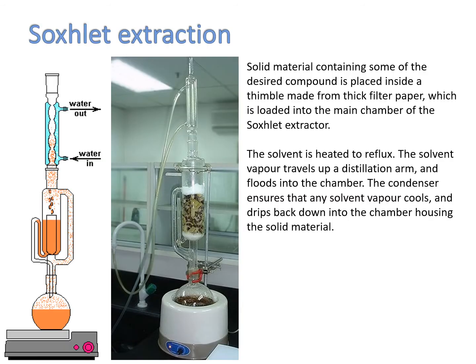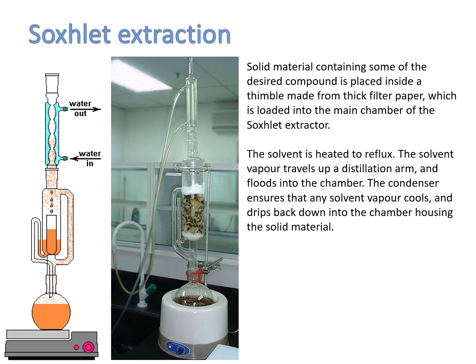So class, let's move on to the Soxhlet extraction. Here is how the Soxhlet extraction will be performed. The solid material containing some of the desired compound is placed inside a thimble made from thick filter paper, which is loaded into the main chamber of the Soxhlet extractor.